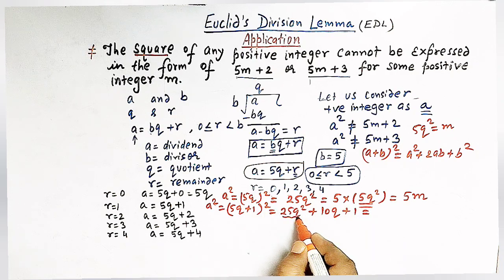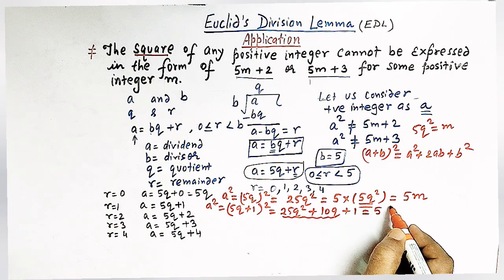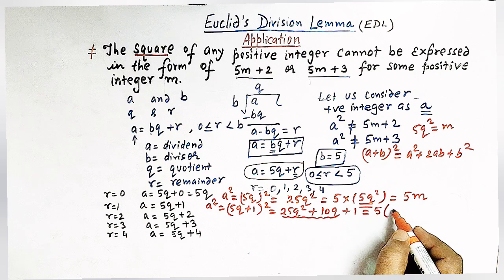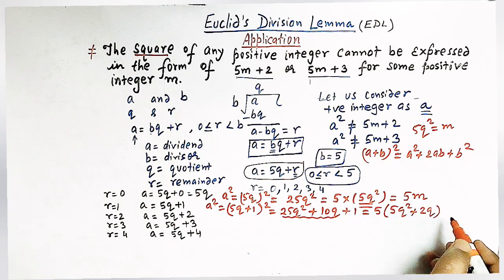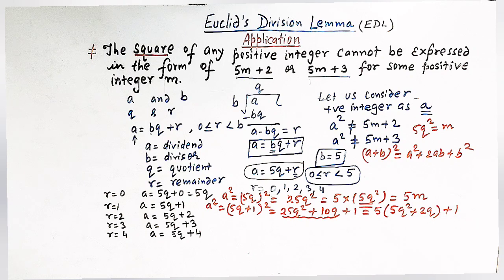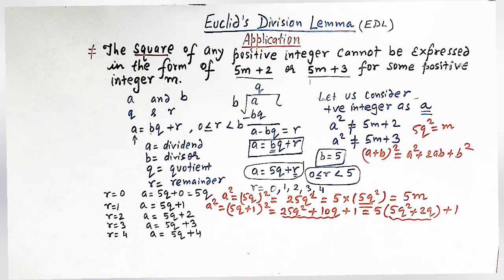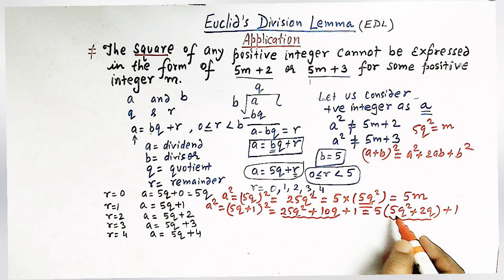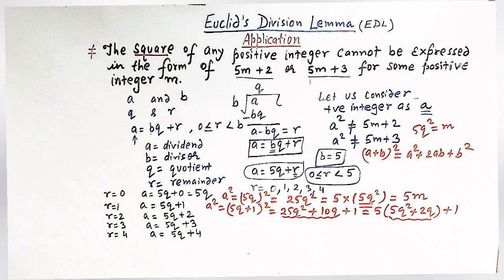Now let us take these two terms, and let us take 5 common from these two terms. So we have 5 times (5q square plus 2q), and here we have 1. Right? Now 5q square plus 2q is again an integer, because 5q square is an integer and 2q is another integer.